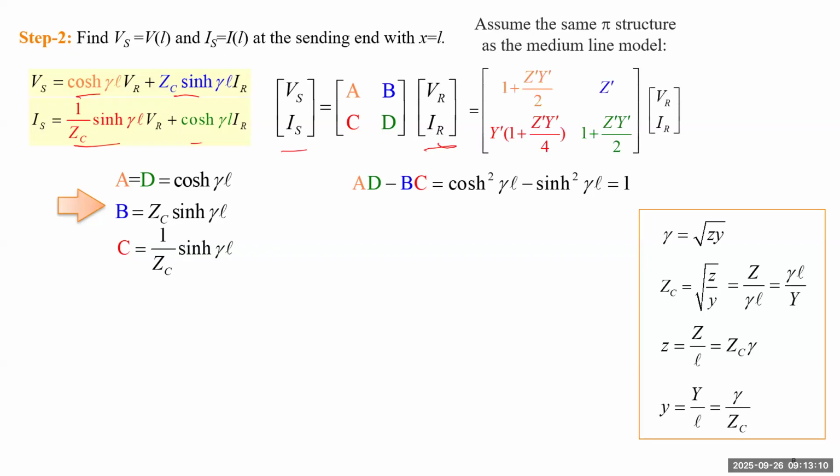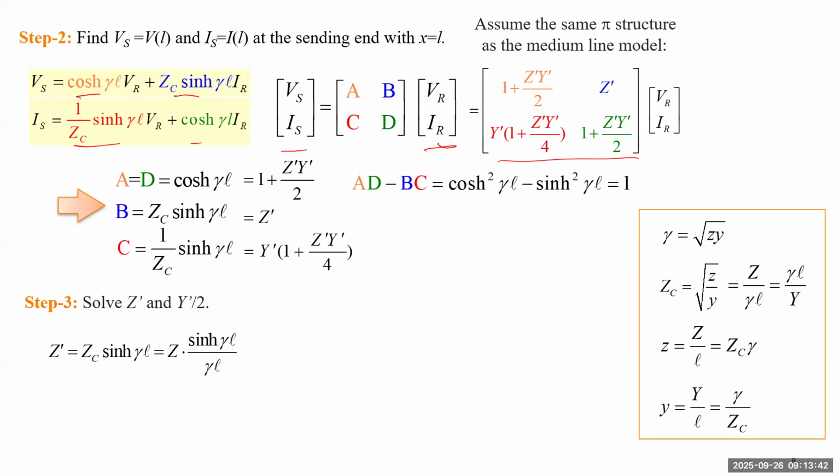Then later we try to rewrite the equation in a form which is comparable to the medium line. Z prime and Y prime here have similar meanings to the capital Z and capital Y in the medium line, but the prime means it's different from the actual impedance and the actual admittance.